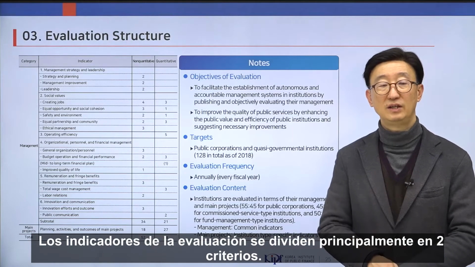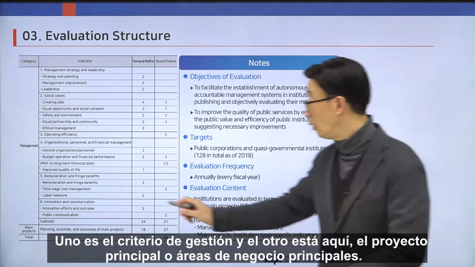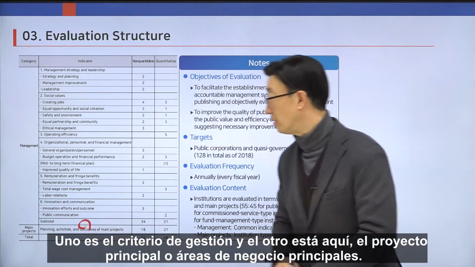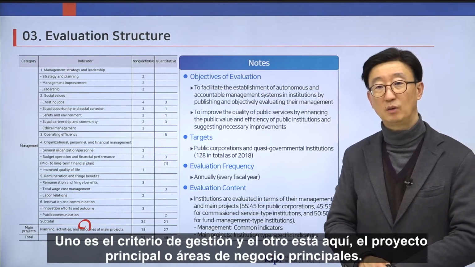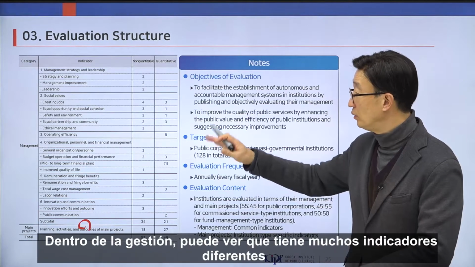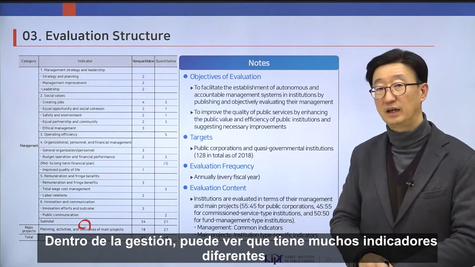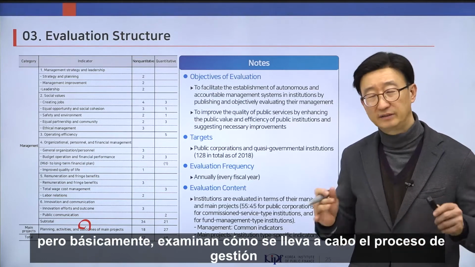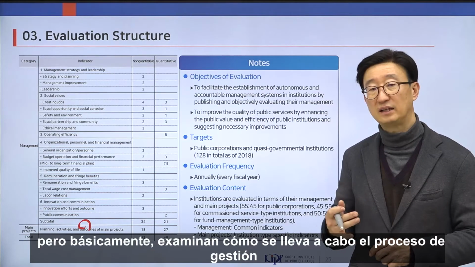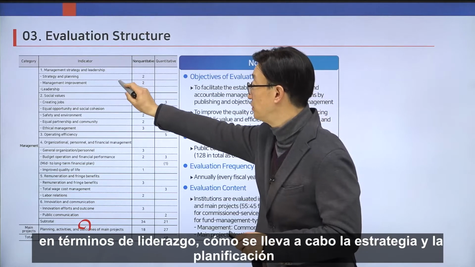The evaluation indicators are mainly divided into two criteria. One is the management criteria, and the other is the main projects or main business areas. Within management, you can see that it has many different indicators, but basically it examines how the management process is conducted, in terms of leadership, strategy and planning.